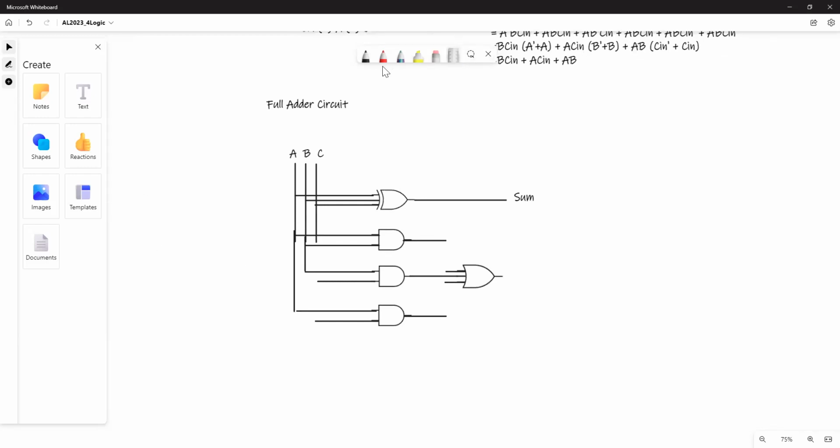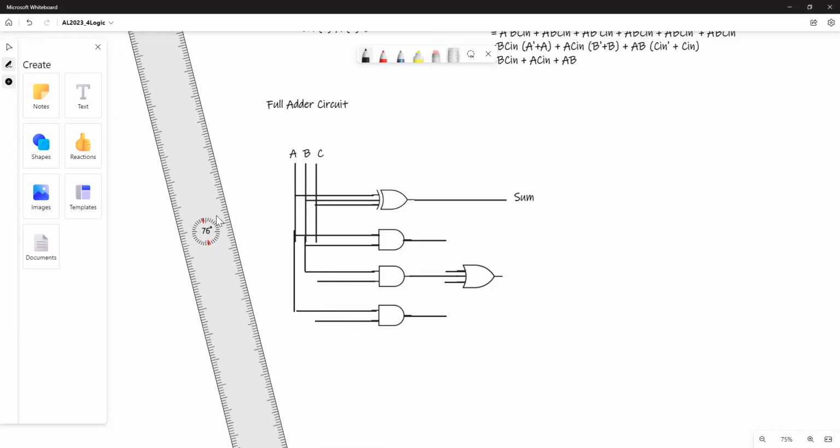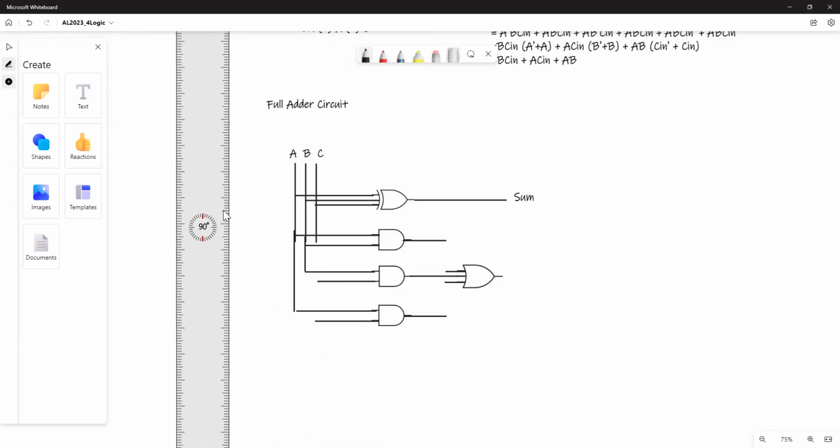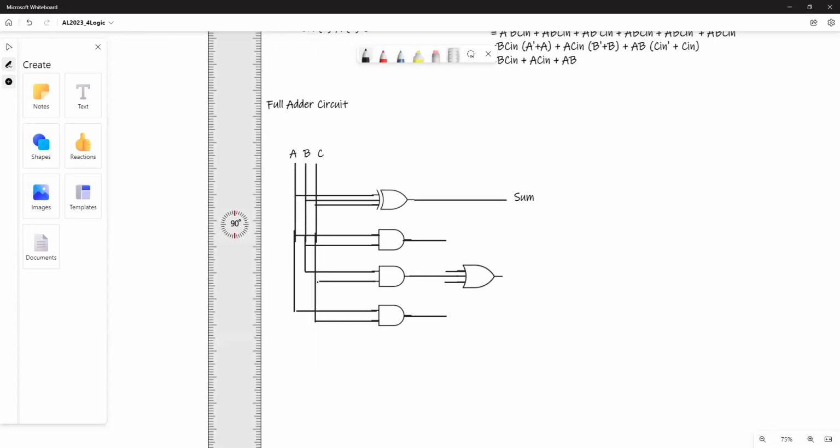Now we are supposed to connect. So the last one we have to connect now here. We need to connect C. And with that one, actually, we have finished. And these are the connections.